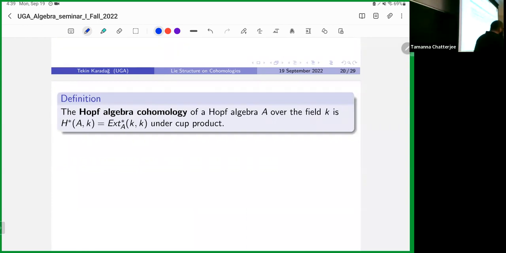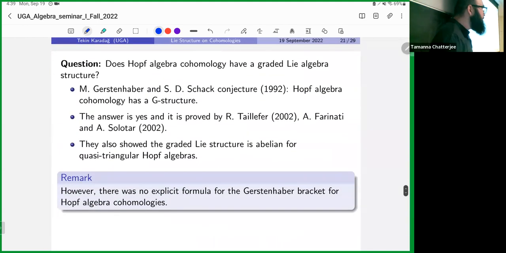We said that Hochschild cohomology has a Lie algebra structure, and we are wondering if Hochschild cohomology also has an algebra structure.